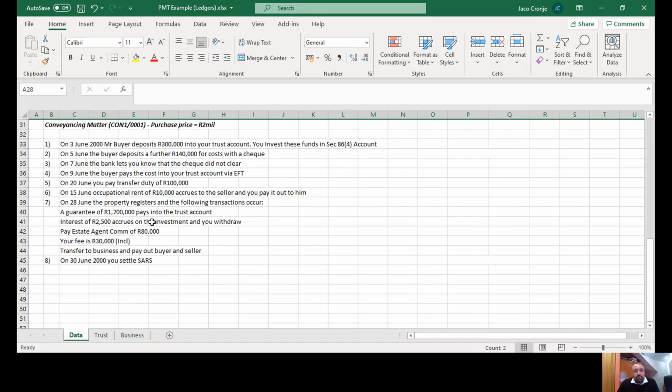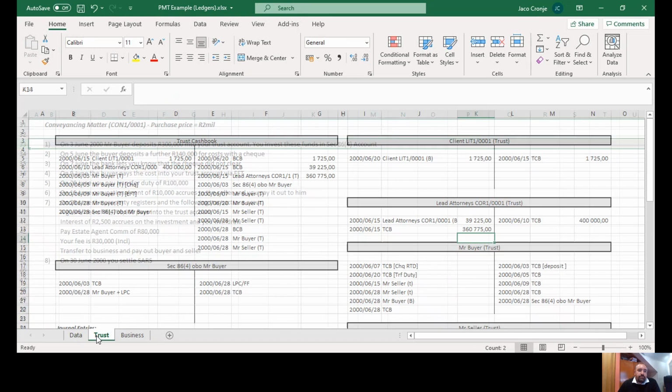Very important, just do the transactions one by one, and remember to account for everything as you go along. Okay, so first step. On the 3rd of June, Mr. Buyer deposits 300,000 into your trust account. Let's first stop there and do only that. Business or trust, it says trust, so it should be there.